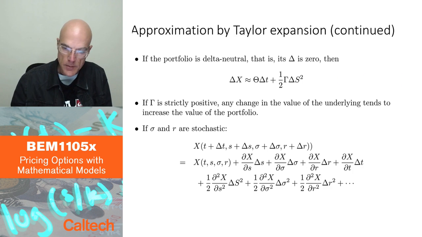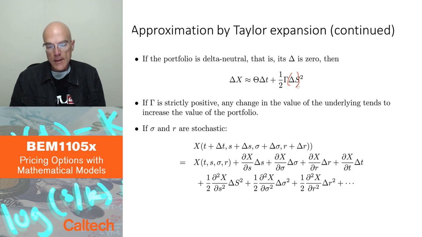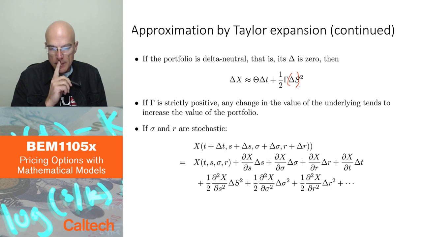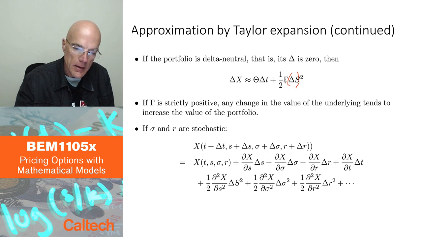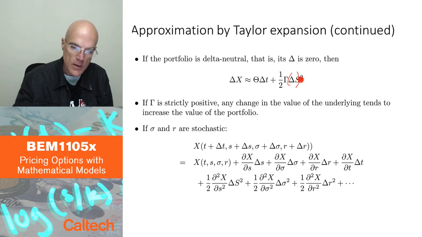This is, as we said before, really delta S squared. And you can see from here that, as far as this second term is concerned, it will be positive if gamma is positive and negative if gamma is negative, because delta S squared is always positive.